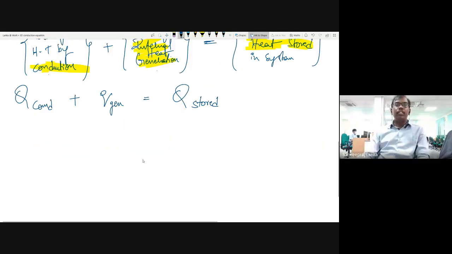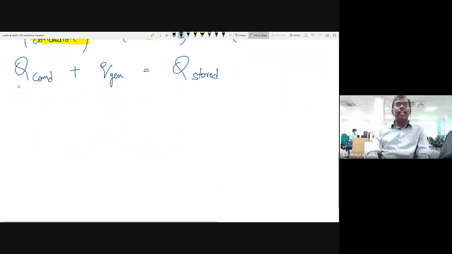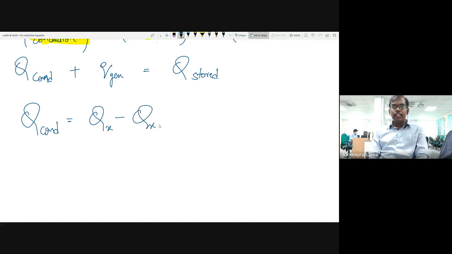So how do I take the net rate of heat transfer by conduction? Now, if I have to take the net rate, it is Q conduction is equal to Qx minus Qx plus dx. Sorry, it's not Qx plus dx. Qx minus Qx plus dx will give you the net rate of heat transfer in the x direction.